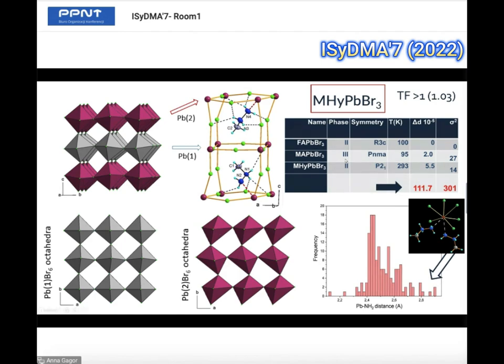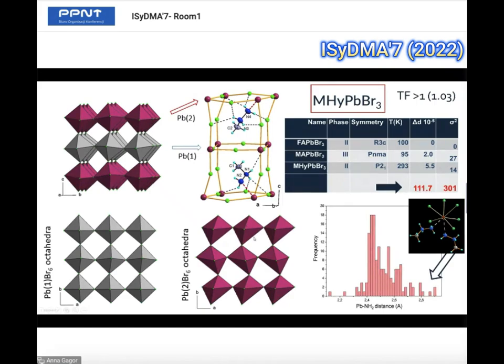We can also study the distortion parameters and compare them with others for formamidinium and methylammonium. We'll see that the difference is huge, really huge. The distortion parameters are several times larger than for the normal perovskites.